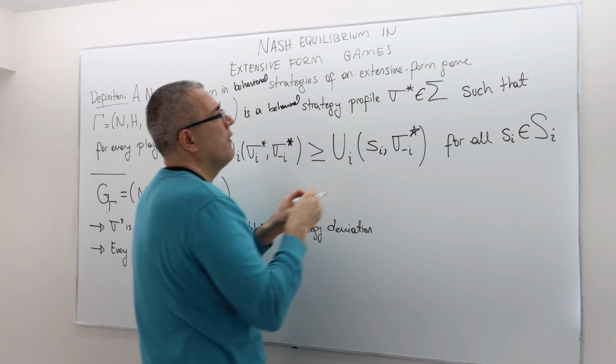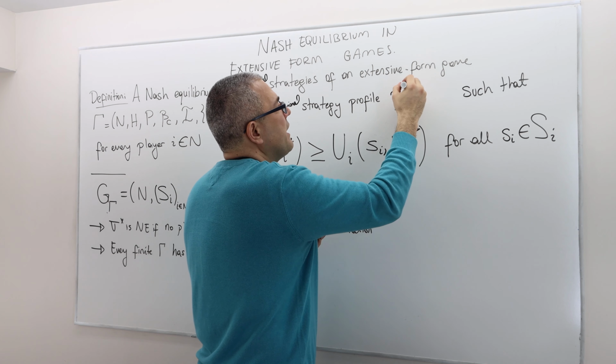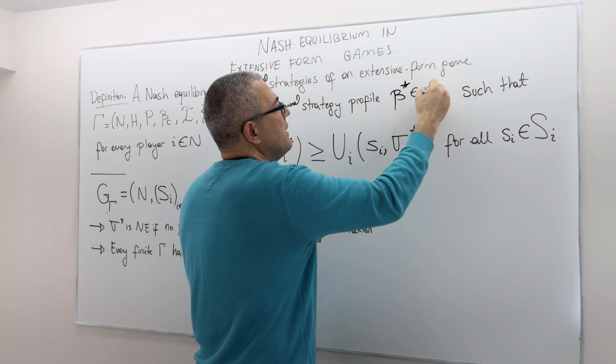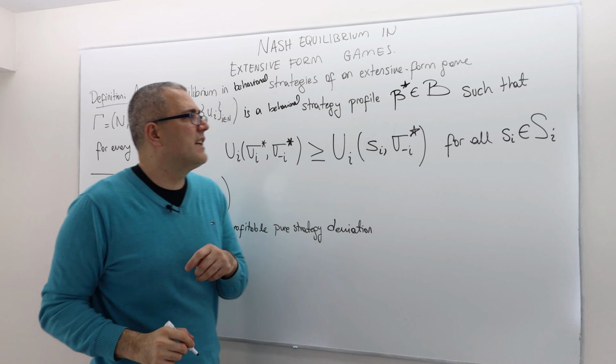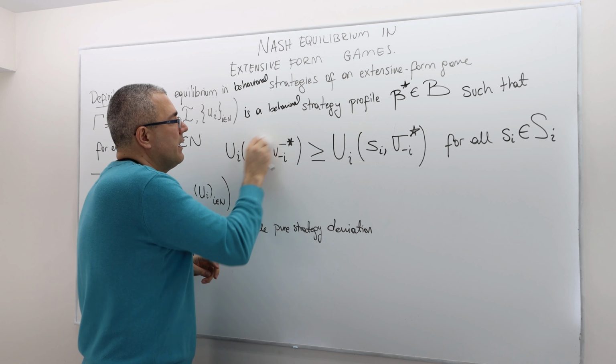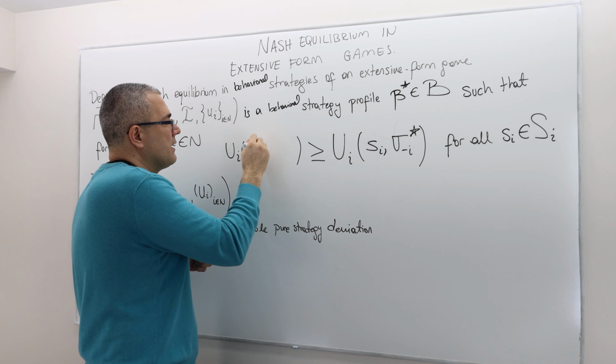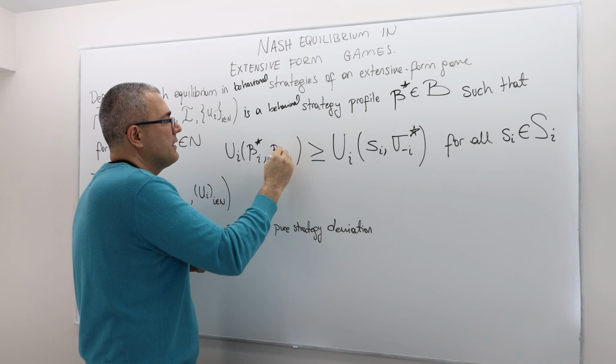We don't use the notation sigma, but we call it beta star, which is in this fat B set, such that for every player i in N, we just change the notation: beta i star, comma, beta minus i star.